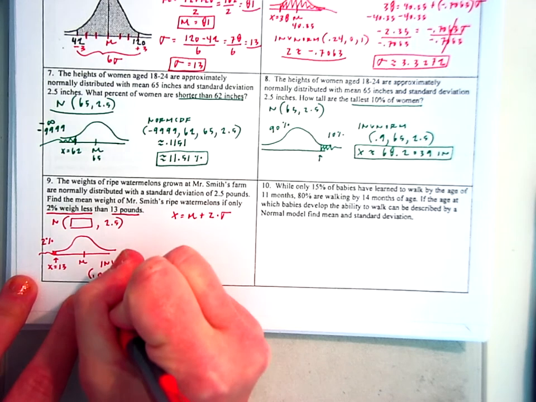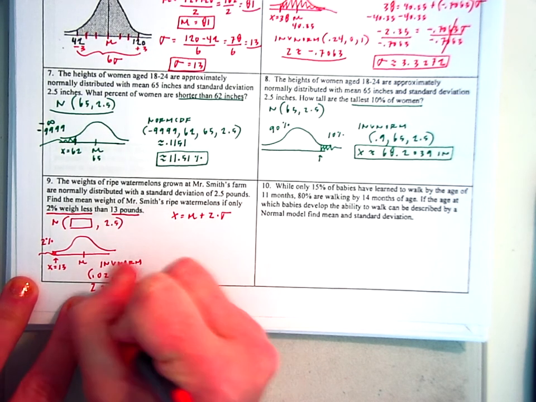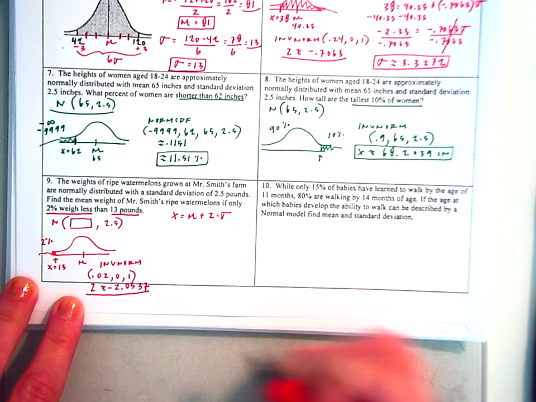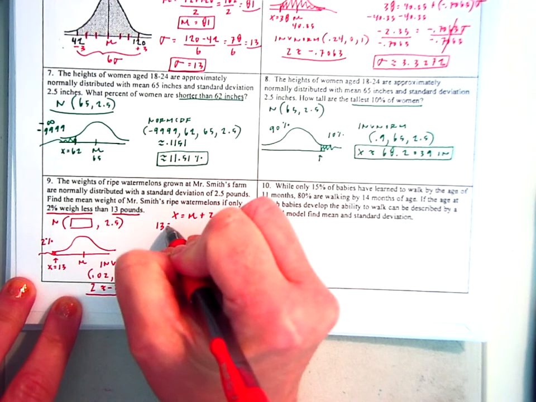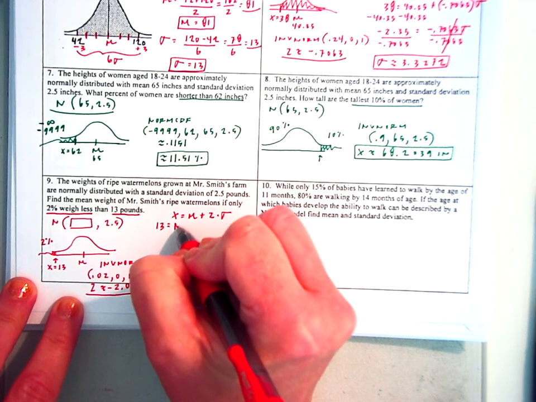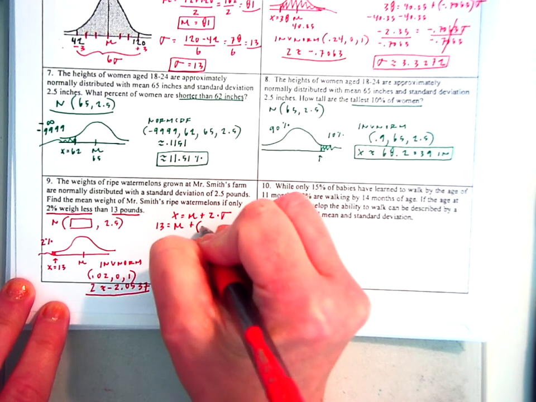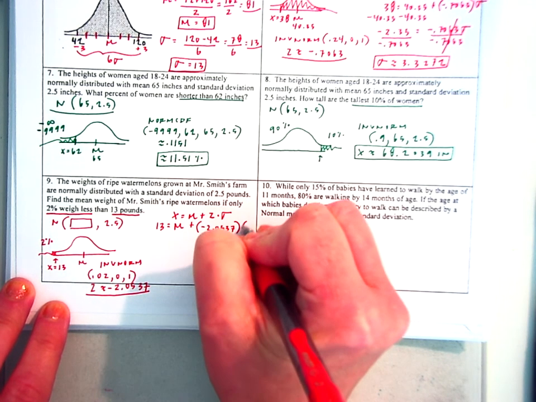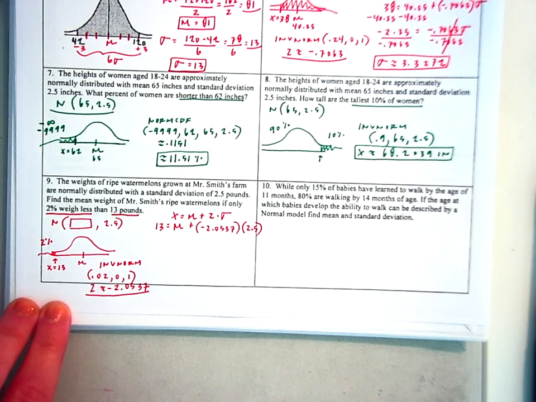So z is about negative 2.0537. That's what's going to go in right there. So x, 13 pounds, equals the mean, don't know it, leaving mean right there. Z-score, negative 2.0537, standard deviation, 2.5. Okay, so now it's just an algebra problem.